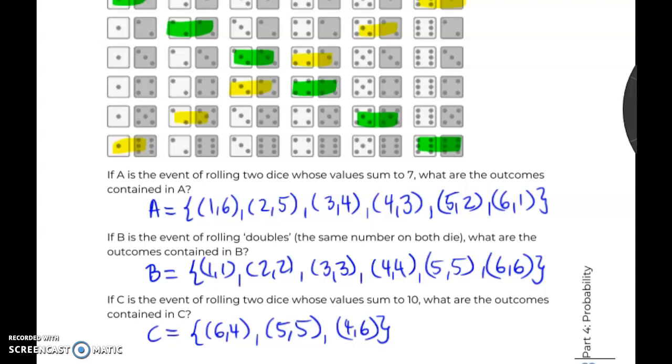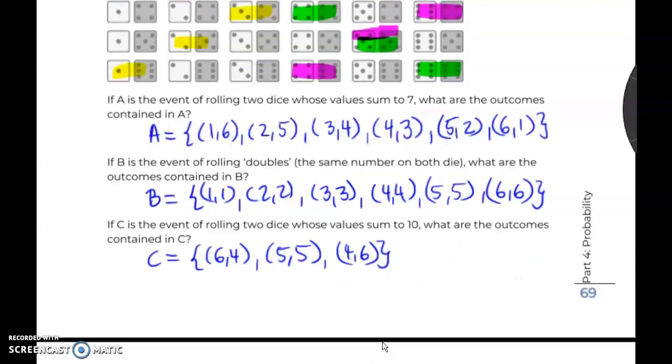So we have 6-4, 5-5, I'm going to double highlight this, and then 4-6. As you can see, writing down the sample space, as in our example right here, can be a really useful tool in understanding the outcomes we can have in an event, and also for finding the probabilities, which we're going to look at in the next section.